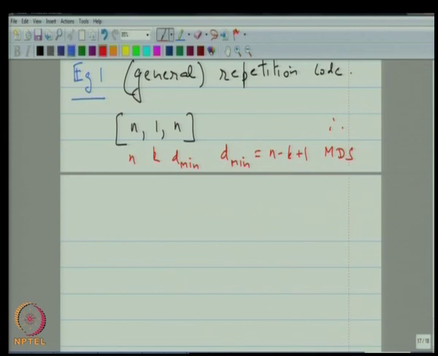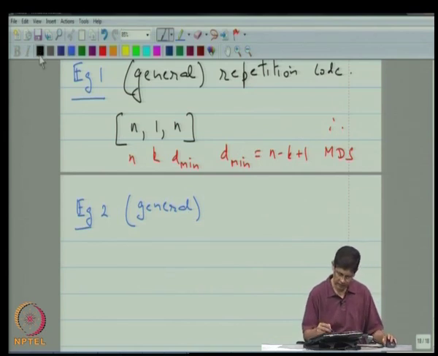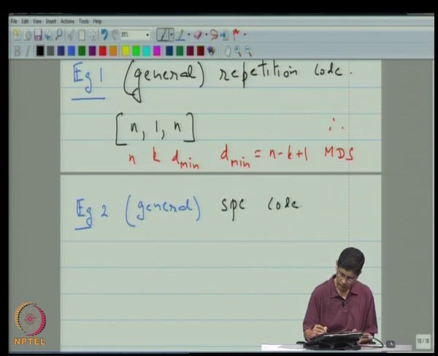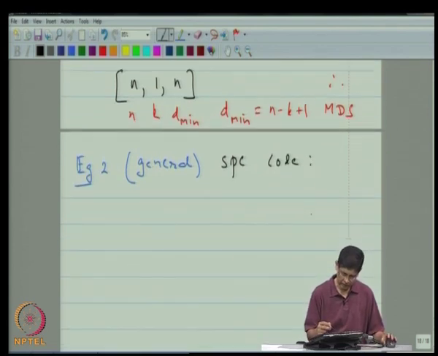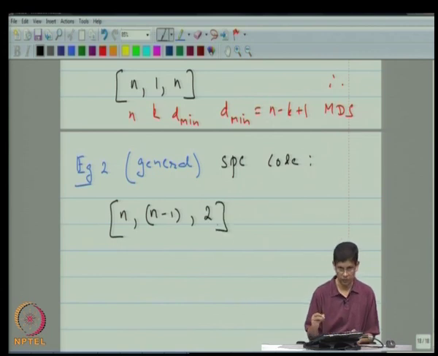Now, similarly, if you look at the example of the general single parity check code, then its parameters are: length is n, the dimension is n minus 1, the minimum distance is 2.